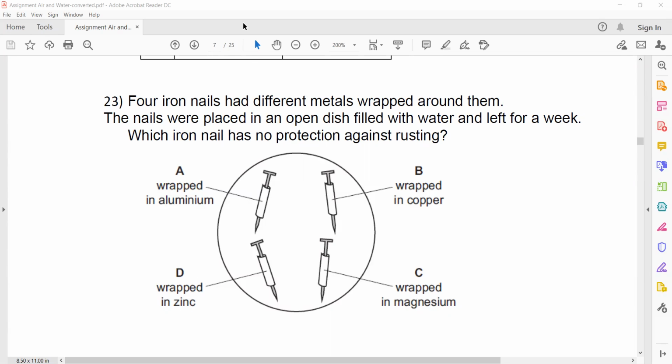Look, aluminum is more reactive than iron, so aluminum will react. This is called sacrificial protection. So aluminum will react instead of iron, and this will not rust.